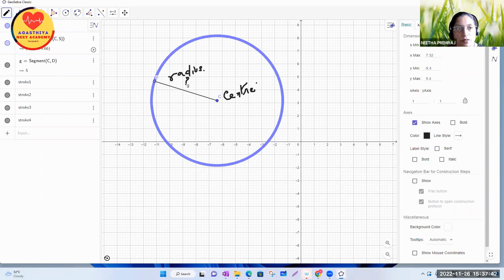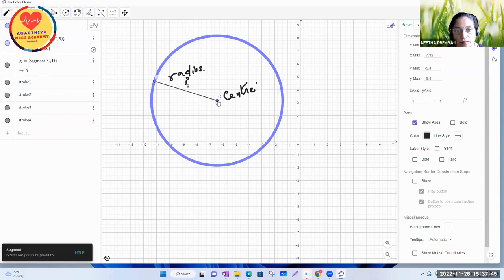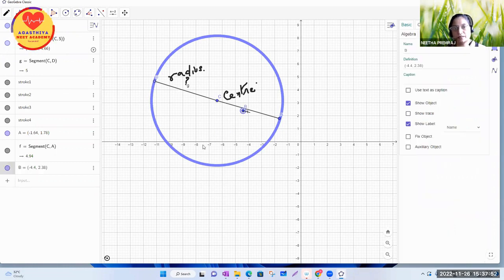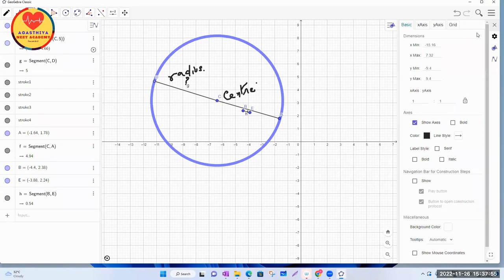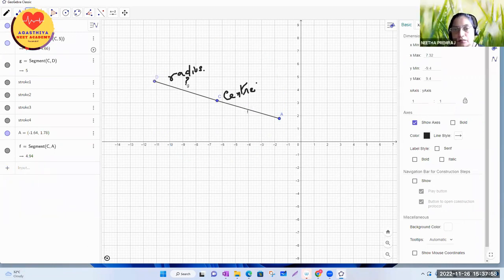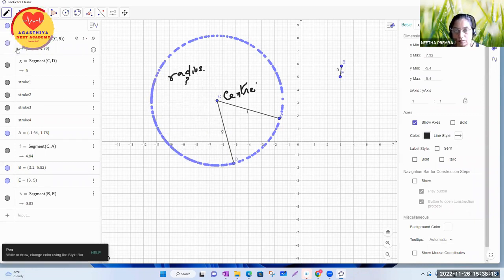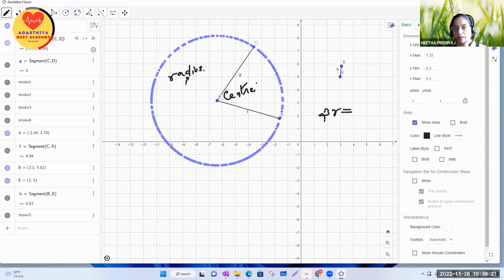When you extend this to the other side, then this full length is also two radius. Two times the radius is called the diameter, and this boundary length is called the circumference, isn't it?